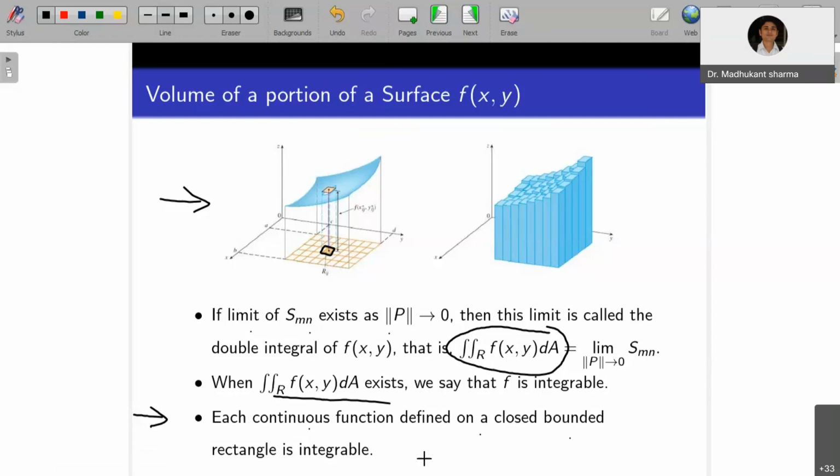Closed means it has all its boundary points, and bounded means the domain is sitting in a ball. Here in two dimensions it is a disc, so this rectangle can be covered in a disc in the xy plane.